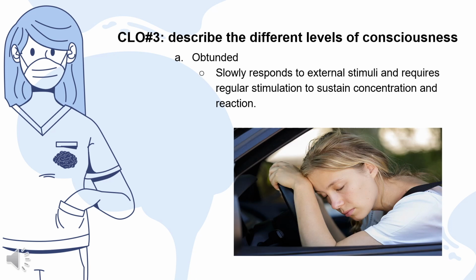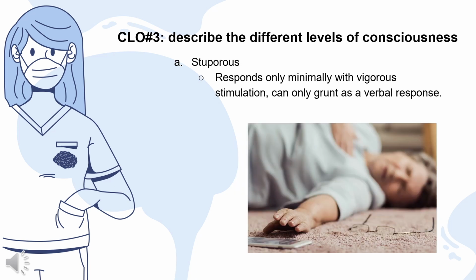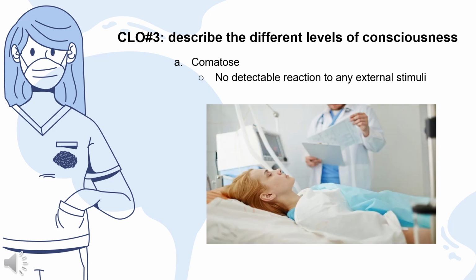Slowly responds to external stimuli and requires regular stimulation to sustain concentration and reaction. Number 4. Stuporous. It responds only minimally with vigorous stimulation and can only give a verbal response. And lastly, comatose. There is no detectable reaction to any external stimuli.